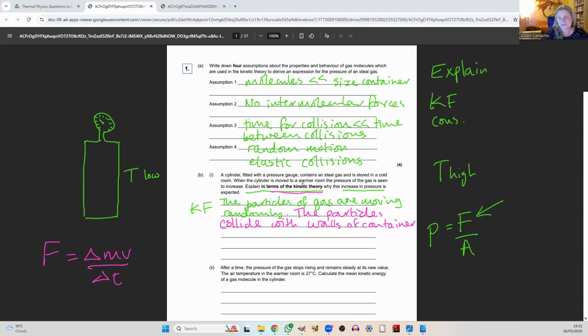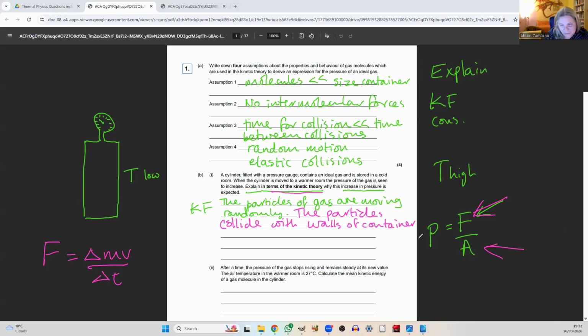Then you had to add in all the other particles, and include the time taken to go from one wall back to the same wall again, have a second collision, and all of that jazz. But there's a force on the particle, which has to be there to get it to change momentum. And so there's an equal and opposite force on the wall. If you divide by the area of the wall, you get the pressure on the wall.